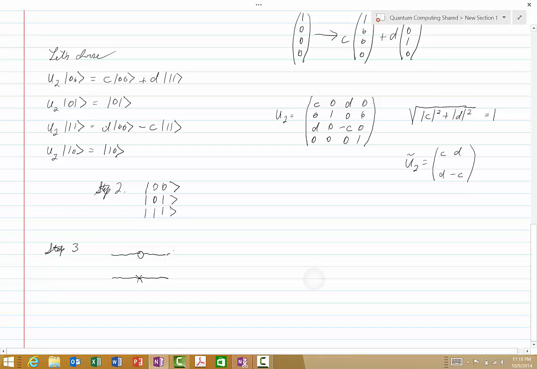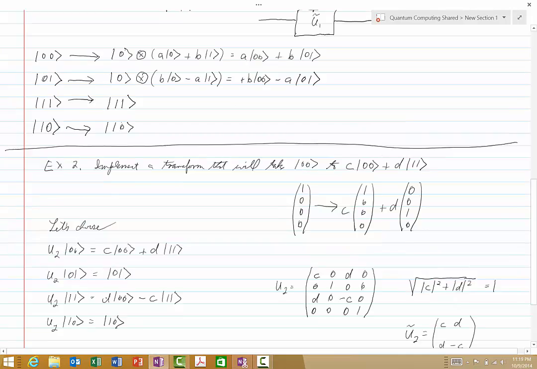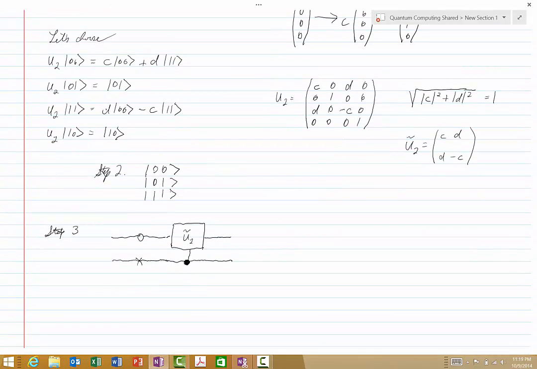So this is going to be applied to the first bit, and it will be applied to that first bit when the second bit is equal to 1. So we put a solid circle down here, and so we get U2 tilde. And now we need to undo the action of that CNOT gate. So we'll put another one just like it here.